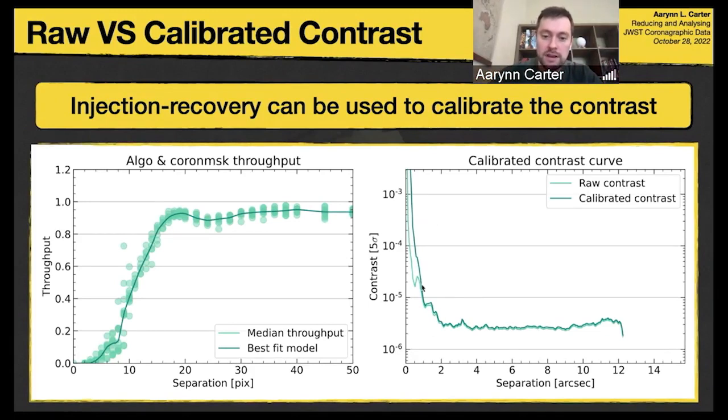You can see this really heavily influences the shorter separations, as opposed to the wider ones where it's a relatively small effect. I will say that for these images that I've been playing around with, we haven't seen the KLIP throughput be really significant. Here you're seeing maybe 5%, 7%. But who knows, maybe in other observations it would be more significant, although I don't think that would be the case.